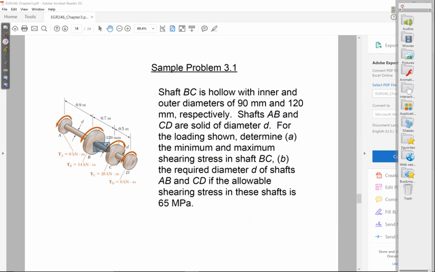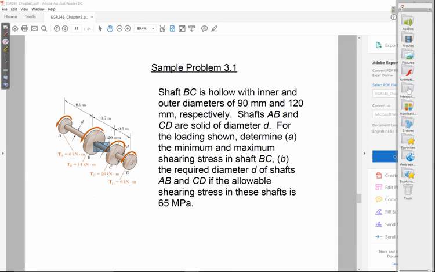Part B is a design problem. Part B says we actually want to design the diameter D of shafts AB and CD. And what they're going to give us is an allowable shearing stress. Remember what allowable shearing stress means.